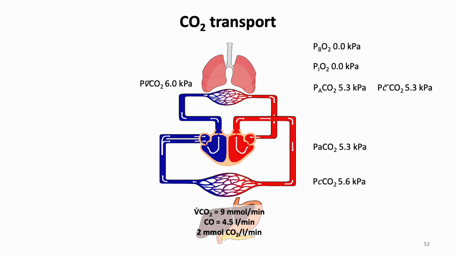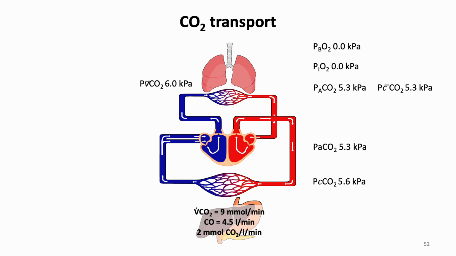A matter of dispute is how much each of these forms of transport contribute to the overall CO2 carriage in blood, and it differs somewhat between different textbooks. So I've looked up some of the old sources, including a classical chapter from the Handbook of Physiology, where I found some data to make appropriate calculations.